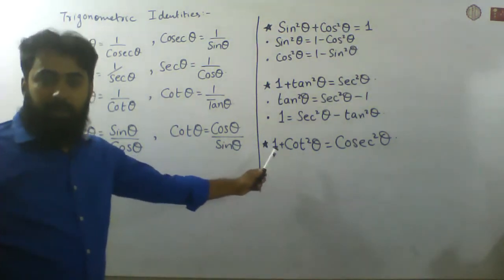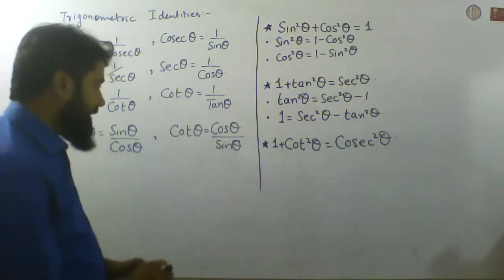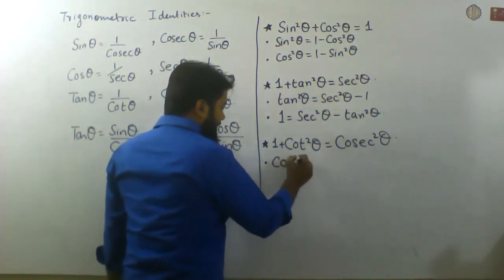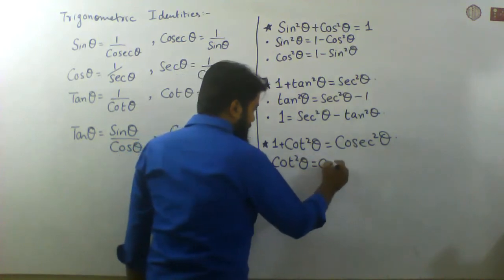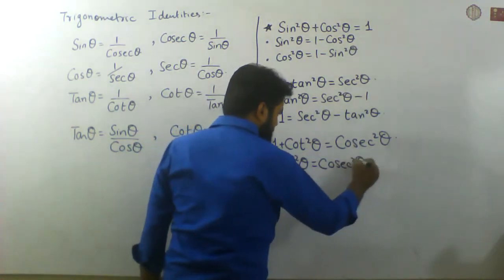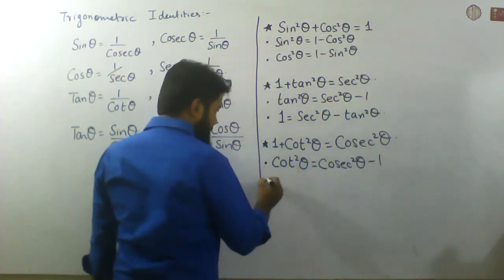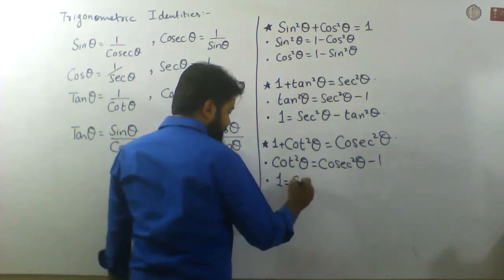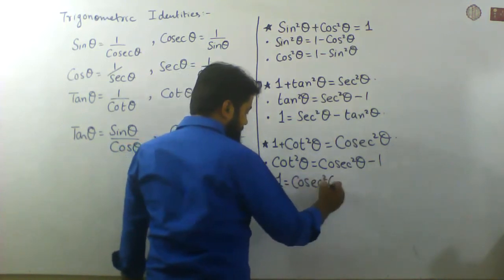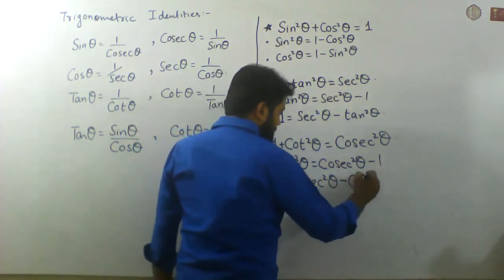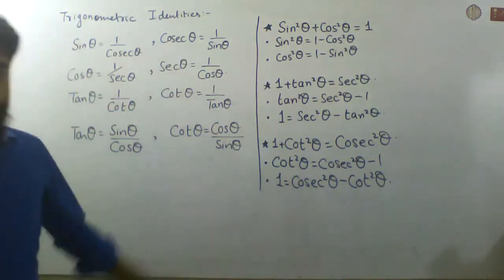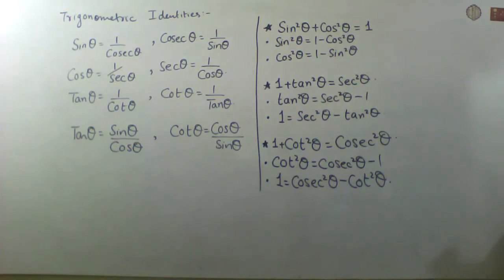That is my third squaring identity, and the variations are cot square theta equals cosec square theta minus 1, and 1 equals cosec square theta minus cot square theta. These are the formulas we are going to use in solving trigonometric identities.